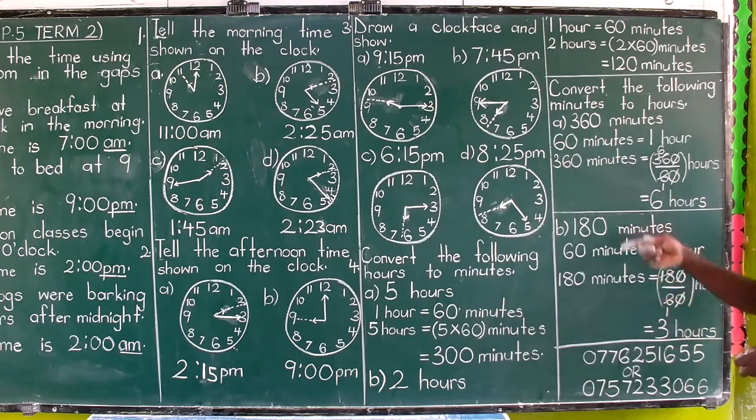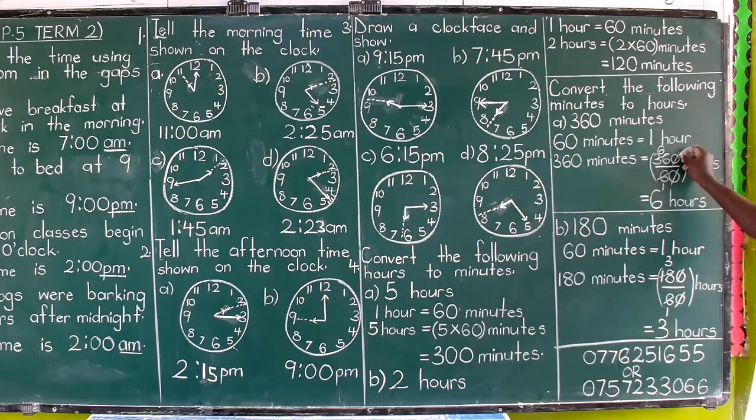So you do the opposite of multiplication, which is division by 60. So you say 360 divided by 60, answer in hours, and then divide by 10 by 10. 6 divided by 6 is 1. 36 divided by 6, you get 6. So 360 minutes make 6 hours. So the answer is 6 hours.